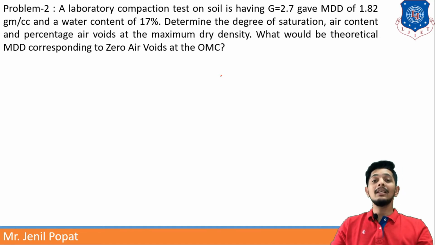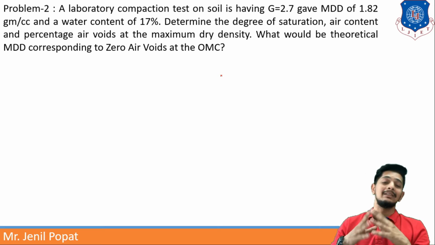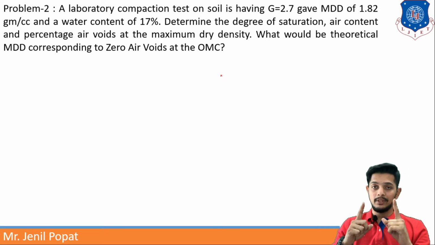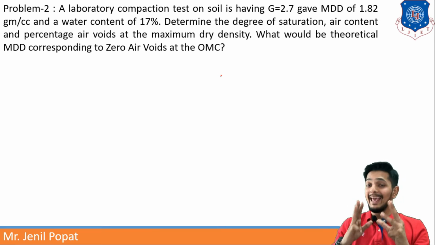Determine the degree of saturation, air content, and percentage air voids at the maximum dry density. So you need to find out these three things. First, degree of saturation. Second, air content. And third, percentage air voids at MDD.